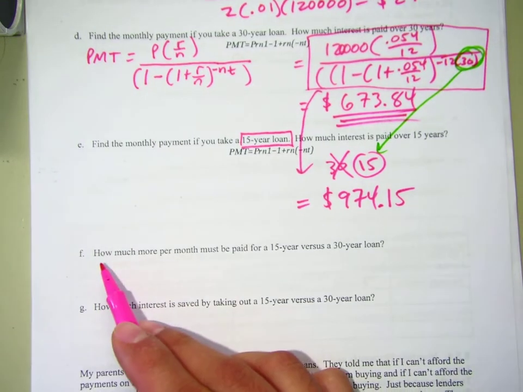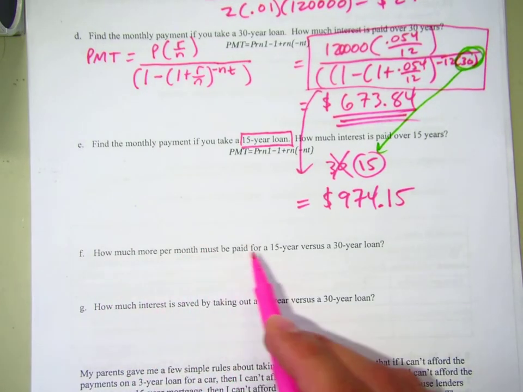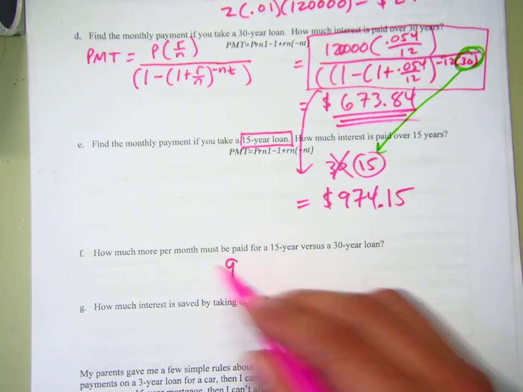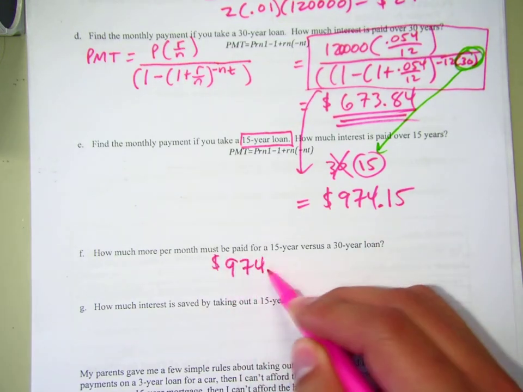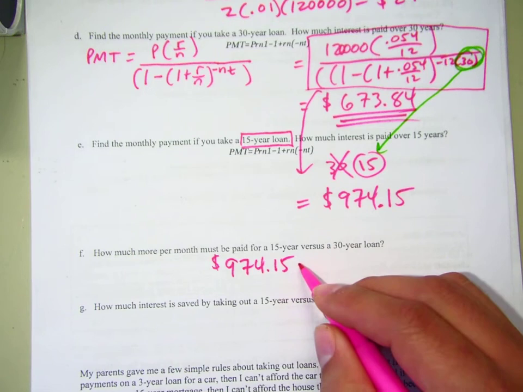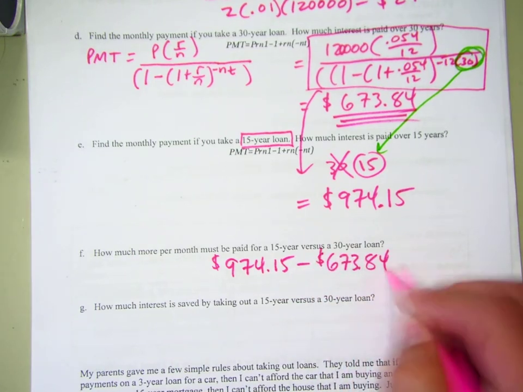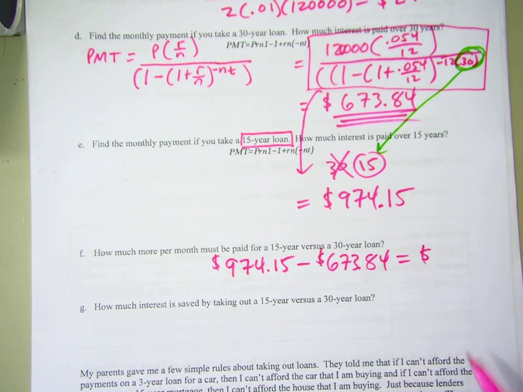Part F. How much more per month are you paying for the 15-year loan versus the 30-year loan? Well, that's easy to do. We're paying $974.15 or $673.84. So what's that difference?